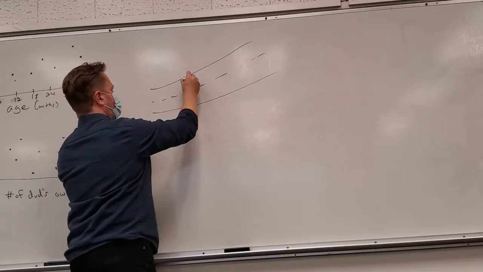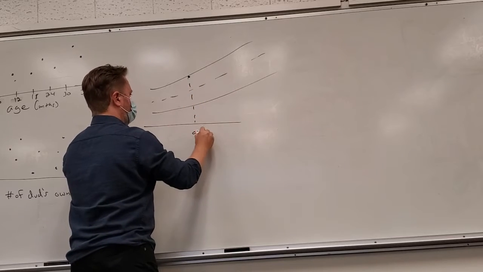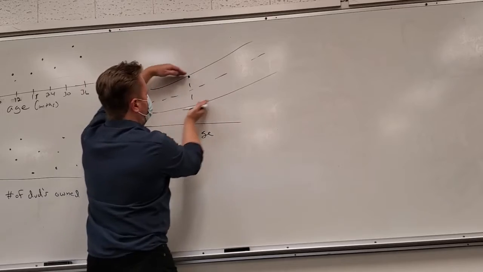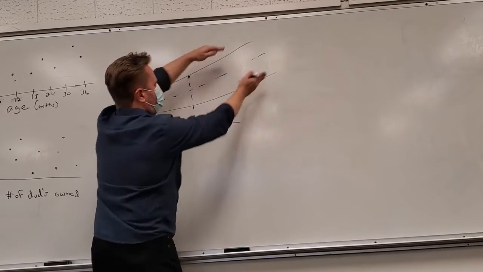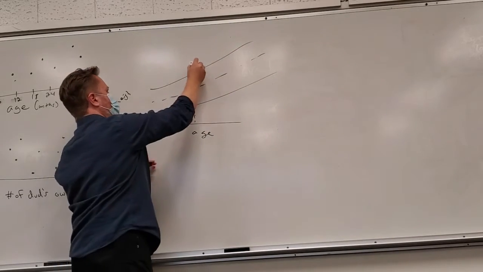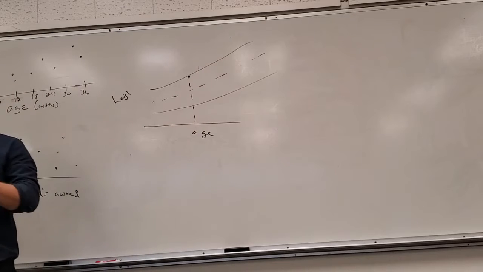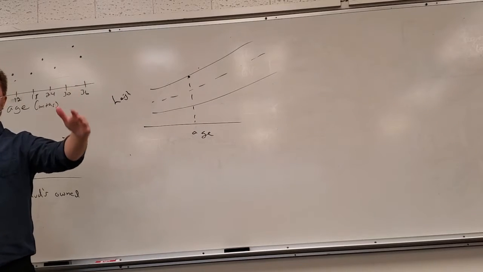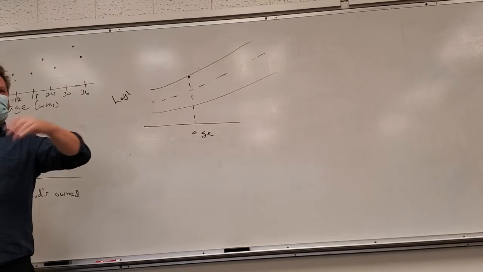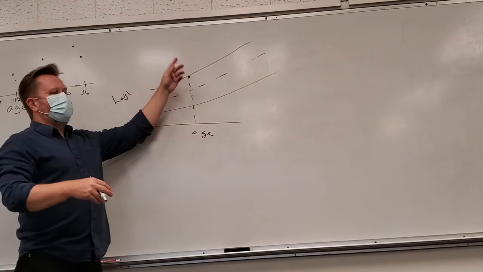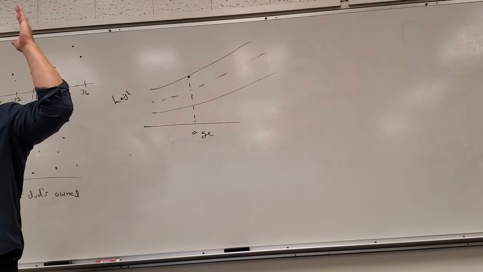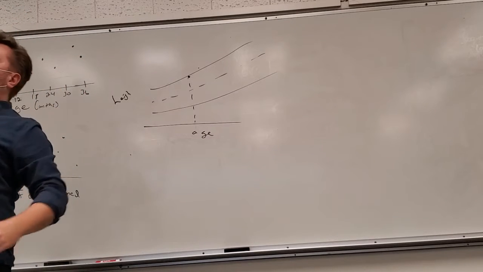So if this is at a certain age, and this is a height, and this is containing where people normally should show up, if somebody was here, that would be a big time outlier. So one of my friends, they named their kid Max, and a few months later, he was at the 99th percentile height, and the 90-something percentile weight. And I'm like, you named this kid so well. And that was like freaking huge.